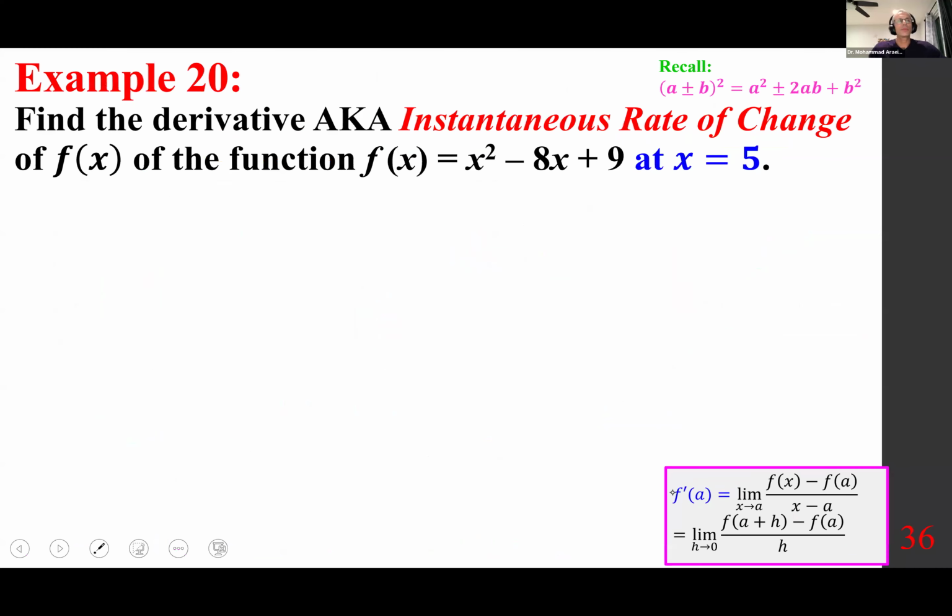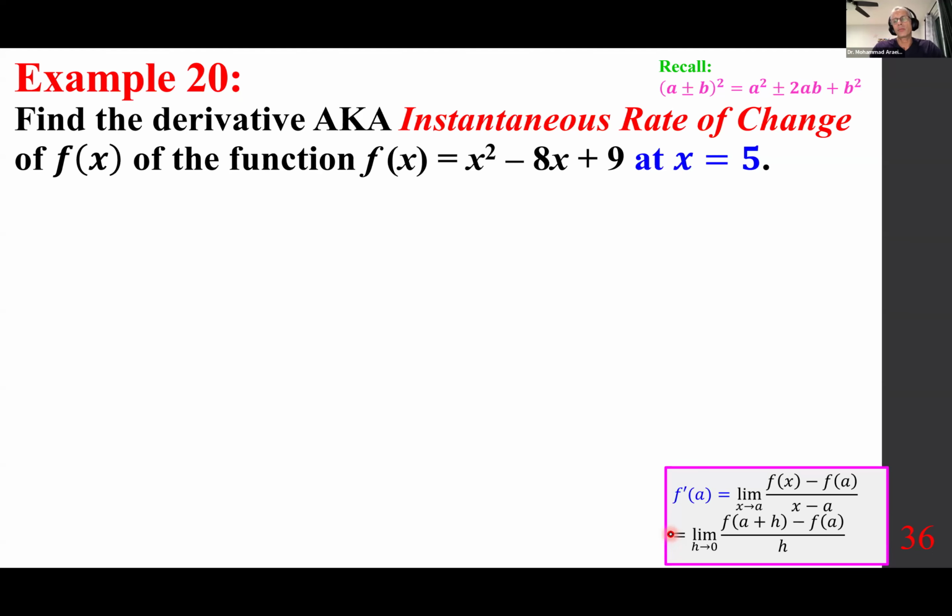Let's get started with a simple example. Find the derivative, aka instantaneous rate of change of f of x, of the function f of x equals x squared minus 8x plus 9 at x equals 5. So we are interested in f prime of 5, which means we are going to follow one of these formats. This is more common.